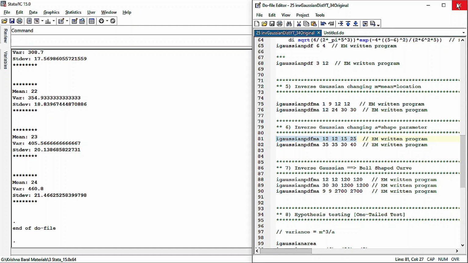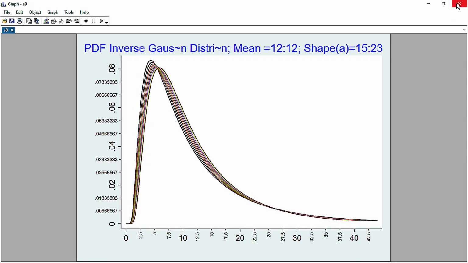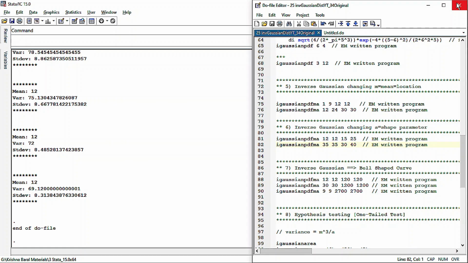And let us see what is the shape of the graph. Now let us repeat the process, and here m is equal to 35 while the shape parameter increases from 30 to 40.